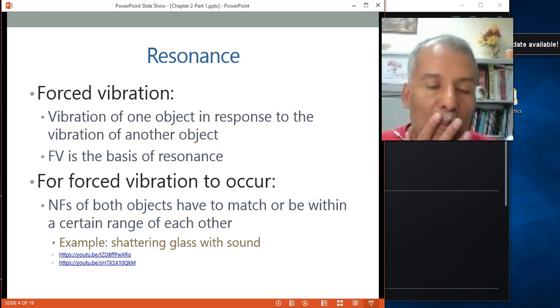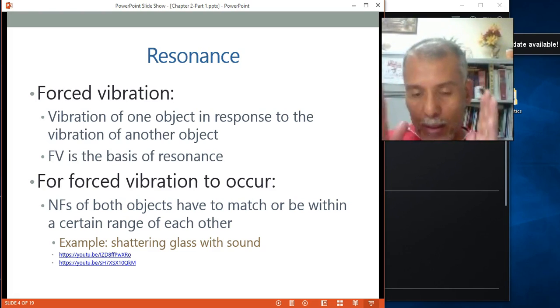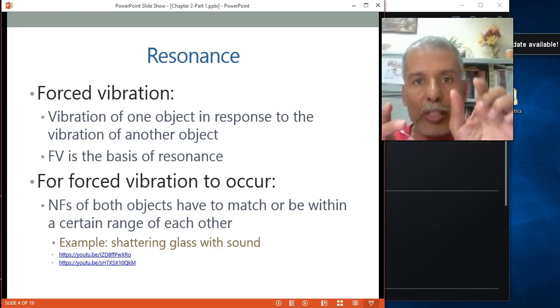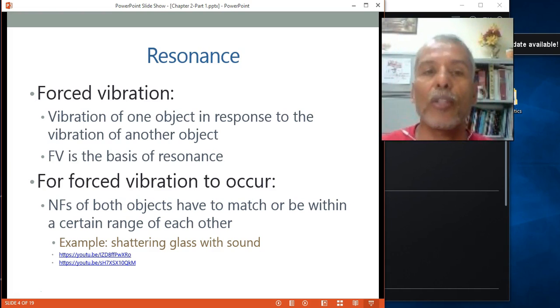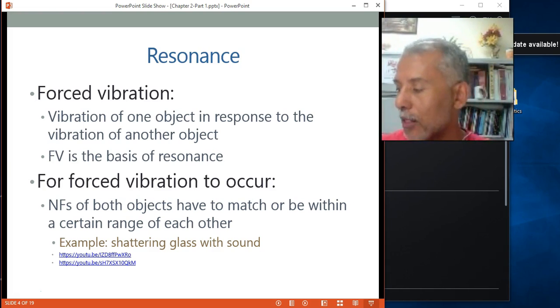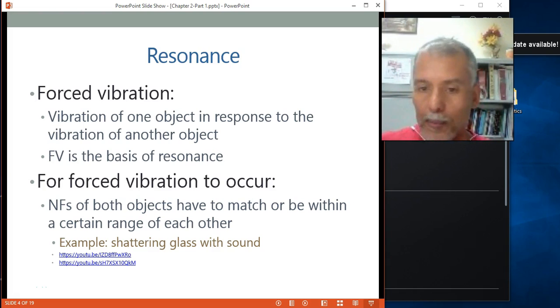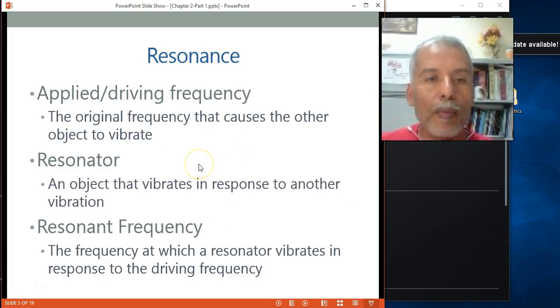So again, the closer two things are in the frequency value, the greater the response of the resonator is going to be, and the vice versa is true.